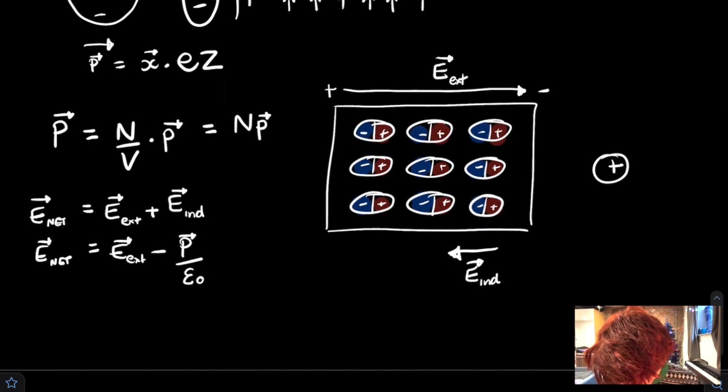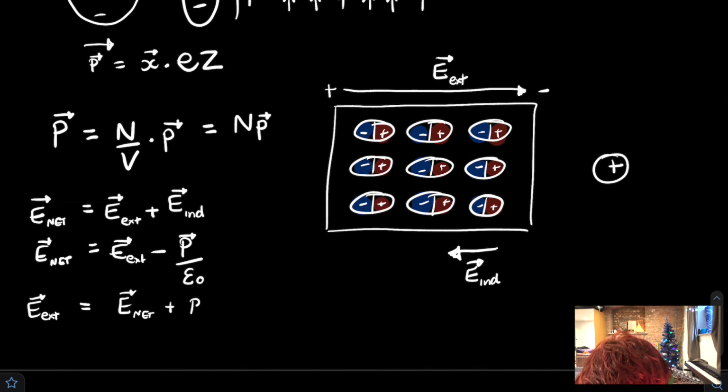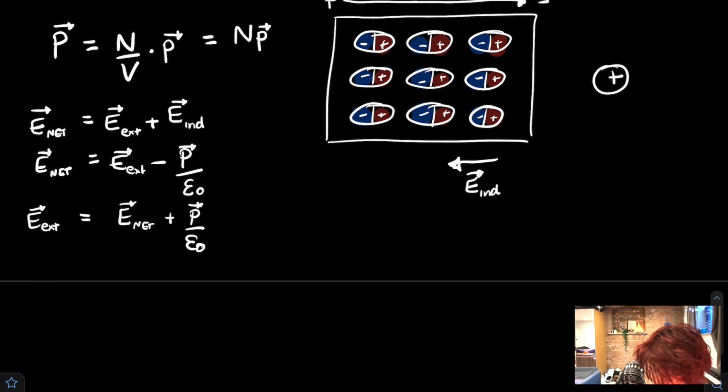And so what we can do is rearrange this equation to make the external field the subject. So E external is equal to the net electric field plus P divided by epsilon 0 right here. And now I'm going to multiply everything by epsilon 0.